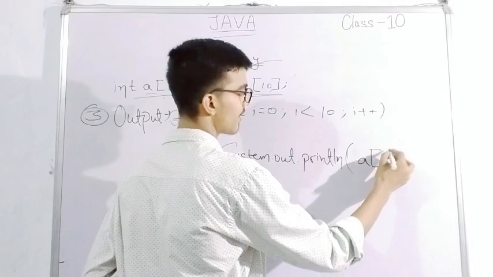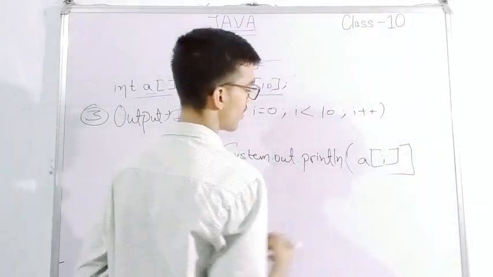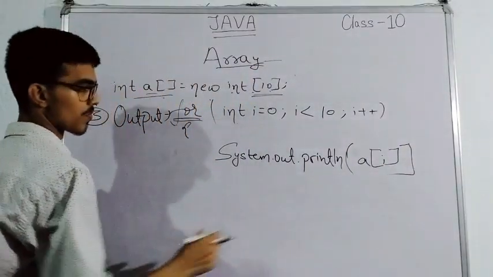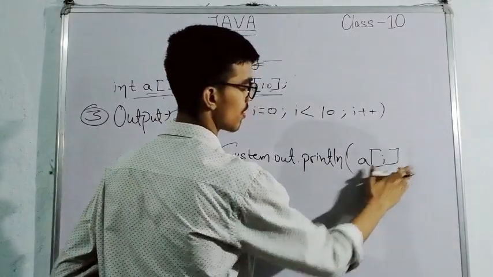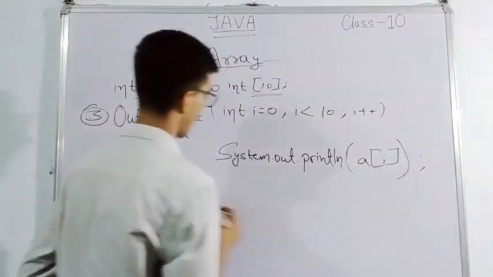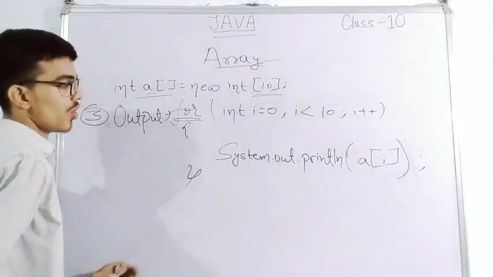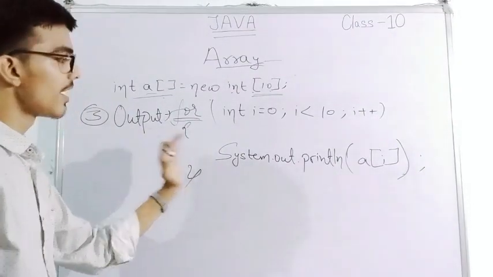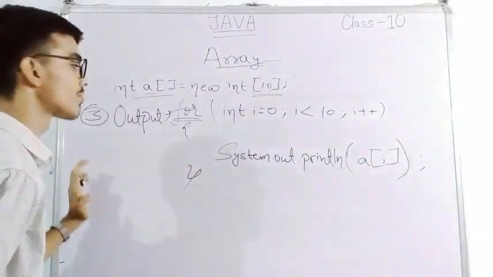We want to print the value of A of i, so this will give the result of A of i.